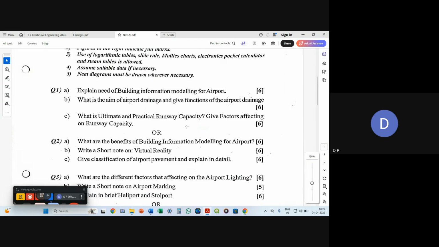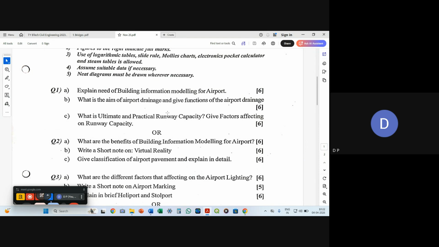So you can see the questions based on the theory or concepts which we have studied. Question number 1, this is from unit number 3. Explain the need of building information modeling for airport BIM. So questions are straightforward from the syllabus. What is the aim of airport drainage? Give functions of the airport drainage.